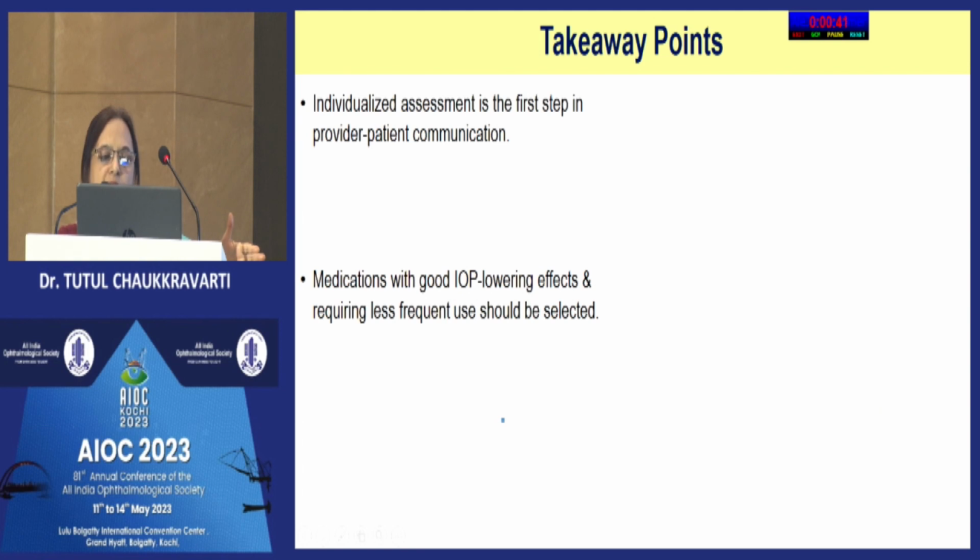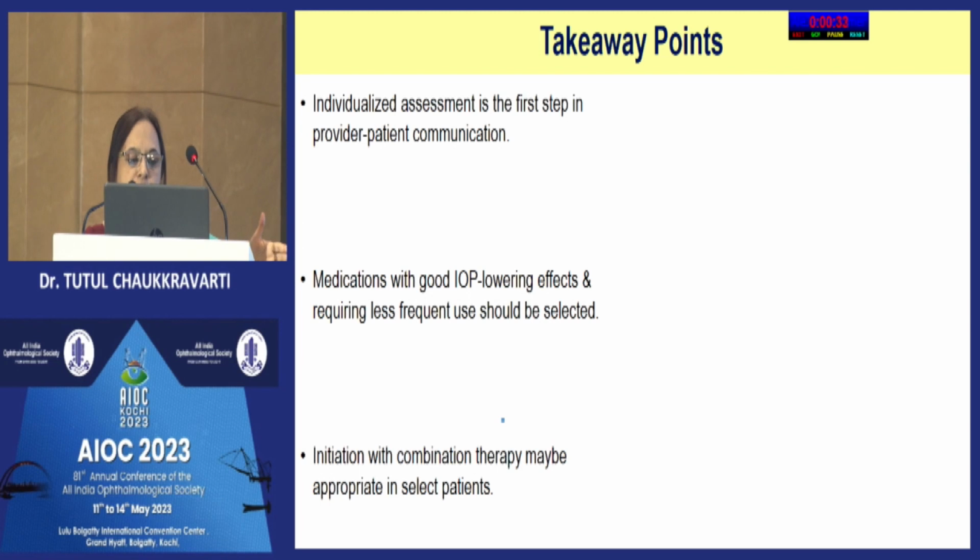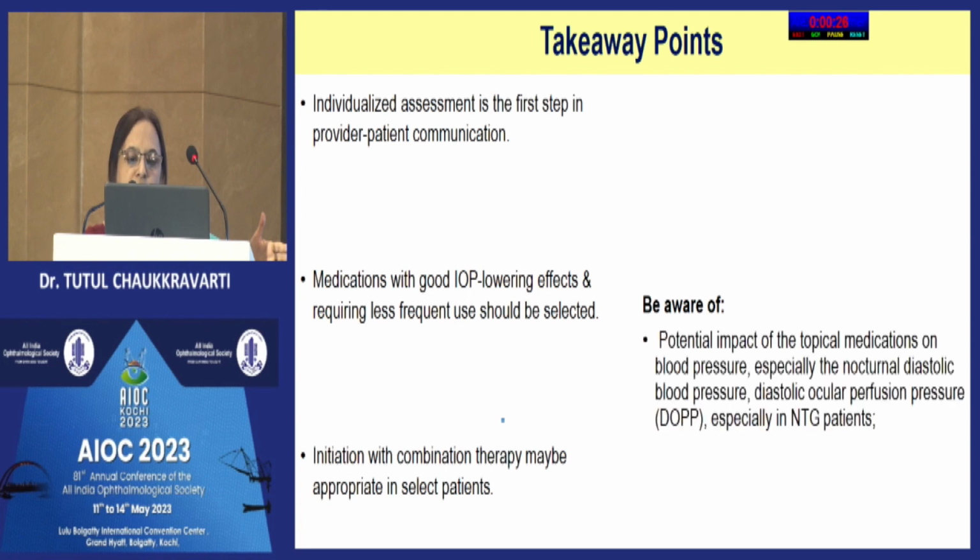Medications with good IOP lowering effect and requiring less frequent use should be selected, like prostaglandin analog. Initiation with combination therapy may be appropriate in selected patients. Now be aware of the potential impact of topical IOP lowering medication on blood pressure, especially the nocturnal diastolic blood pressure and diastolic ocular perfusion pressure, especially in case of normal tension glaucoma.